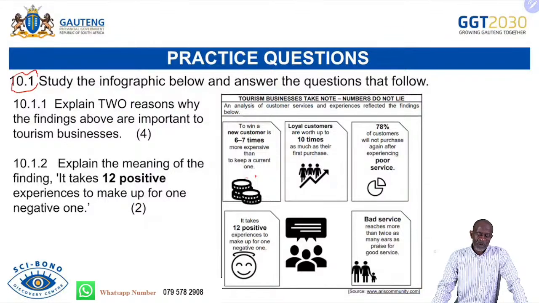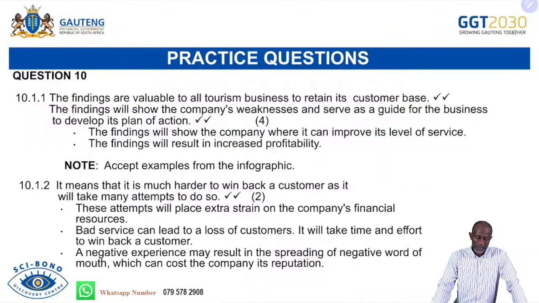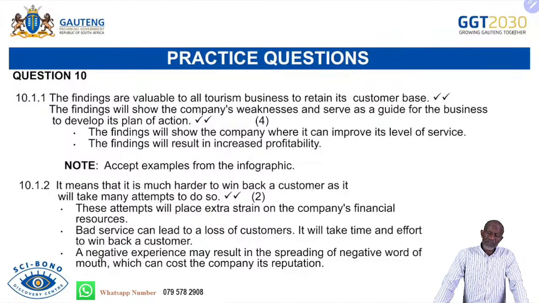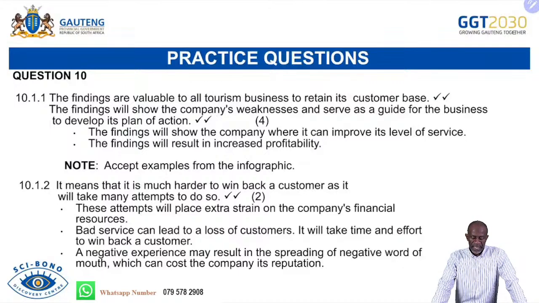With this one also, we'll reflect as we look into the marking guide that will follow. So here are the answers for the two questions, and let me get back to the questions to refresh your memories and link the answers to them.